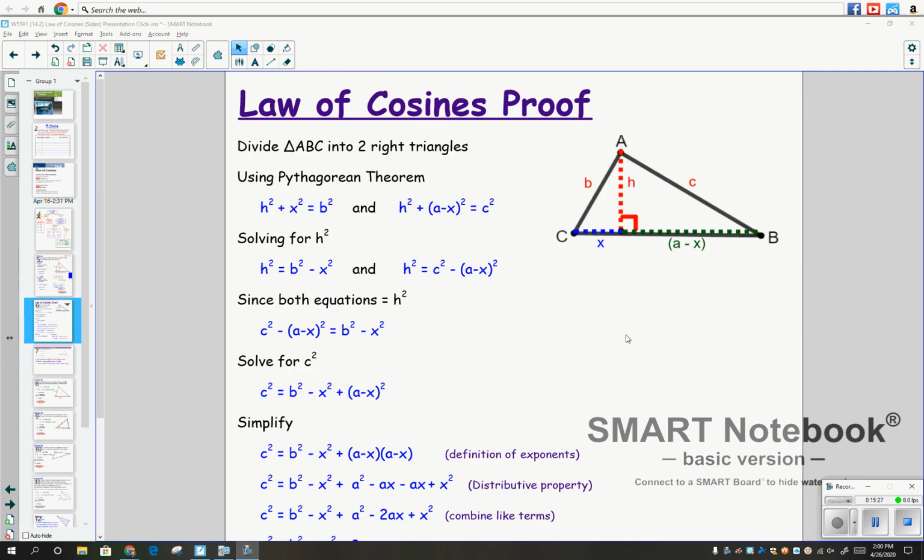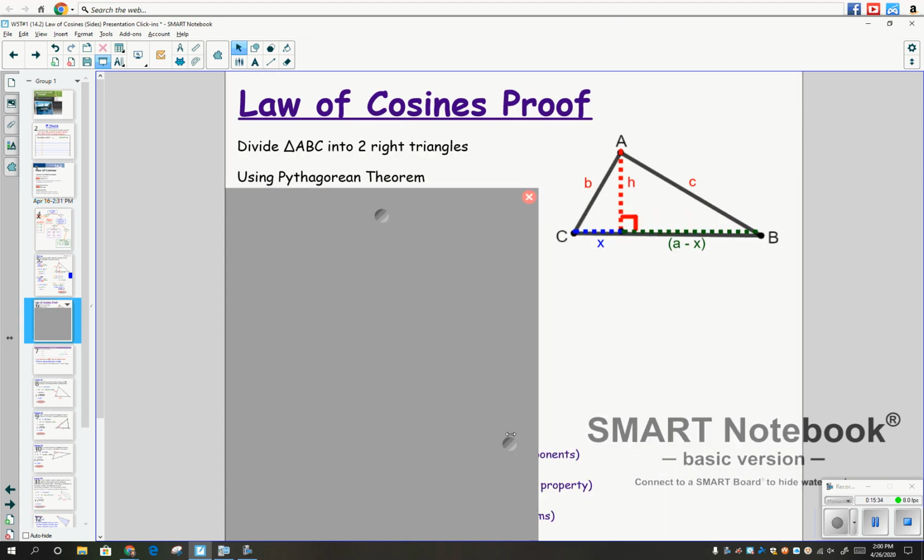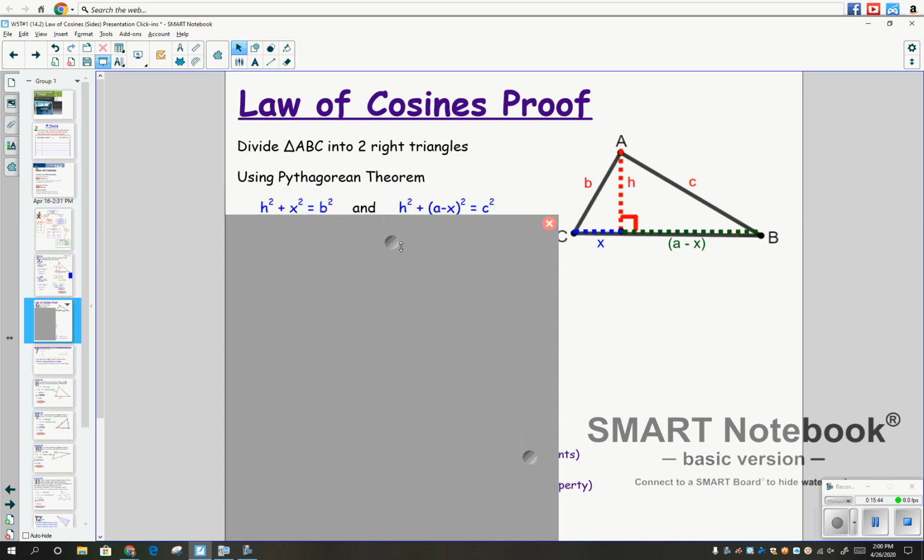So I'm going to talk you through just a little proof here for law of cosines. Okay? Got a triangle here, triangle ABC. Well, if I divide this triangle into two right triangles, I can use the Pythagorean theorem such that h squared plus x squared equals b squared from the triangle on the left.